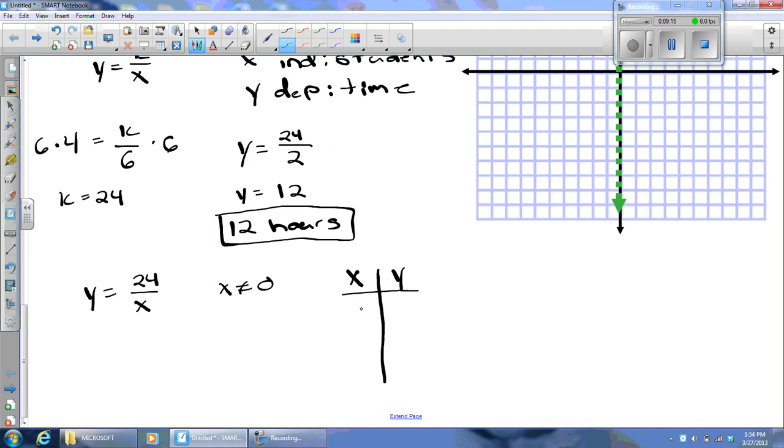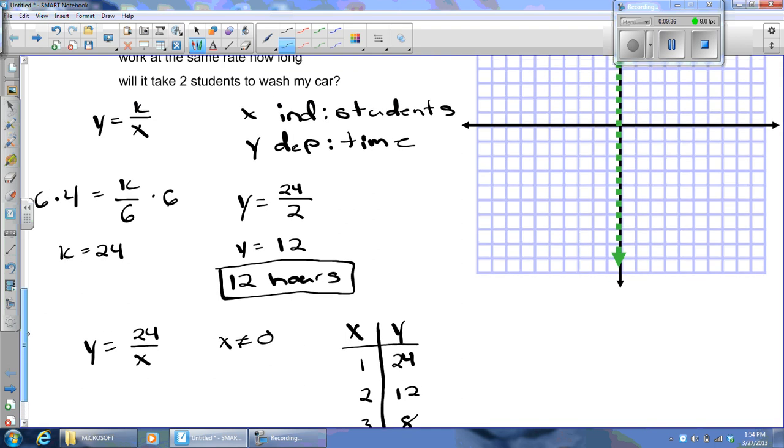So we can plug in 1, 2, and 3. When we plug 1, 2, and 3 in for x, first we get 24, then 12, and then 8. Now we're going to plot these points.